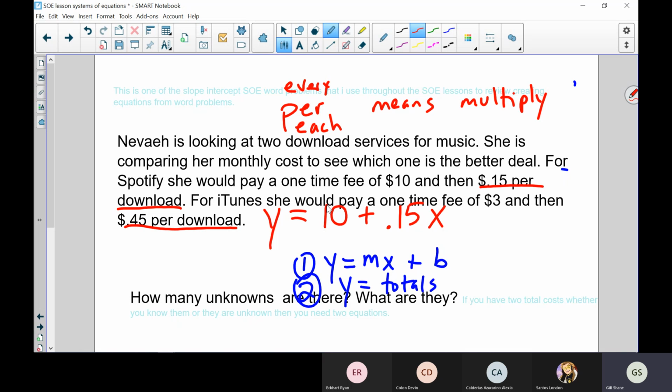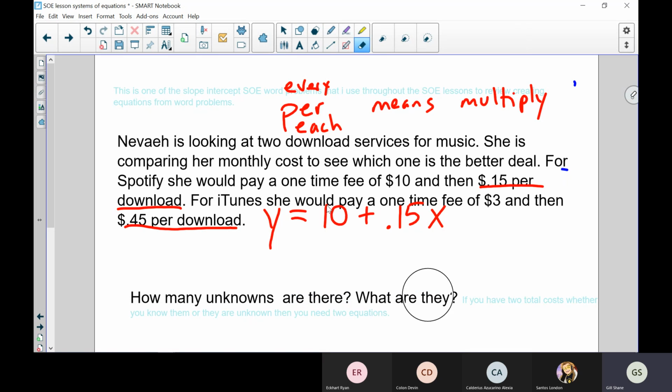All right, so I went really slowly through that first equation. We're going to go faster now because they're all just like that. Once you've identified, the hardest part is identifying which type of equation. Is it y equals mx plus b, or is it the other one, a times x plus b times y equals c? So now then, iTunes is going to be the same concept. We had a total.